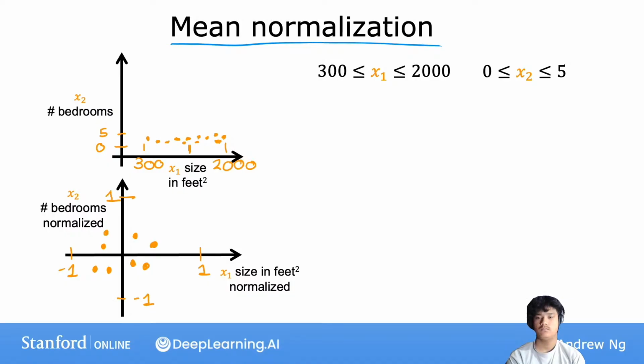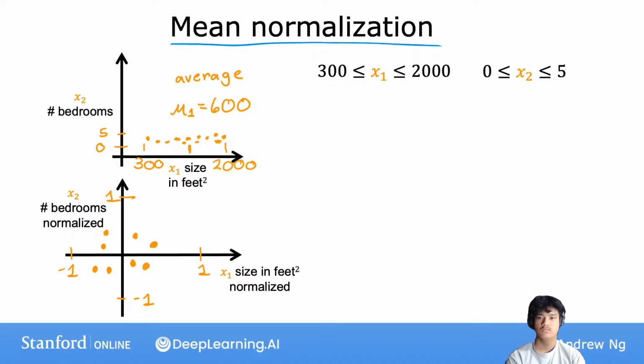To calculate the mean normalization of x1, first find the average, also called the mean, of x1 on your training set, and let's call this mean mu1, with mu being the Greek letter. For example, you may find that the average of feature 1, mu1, is 600 square feet.